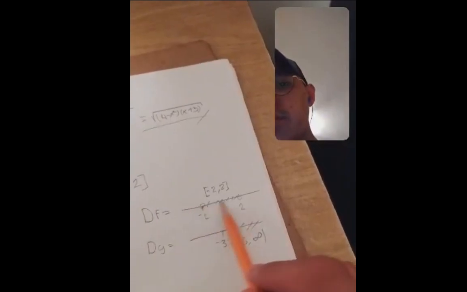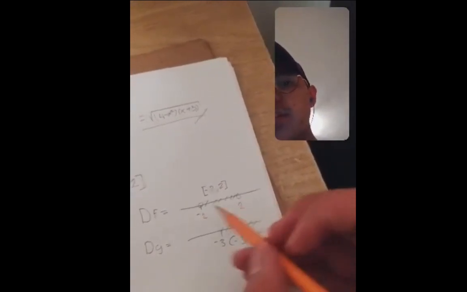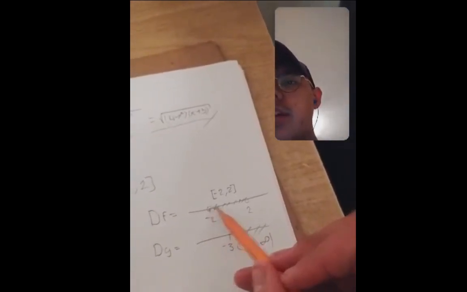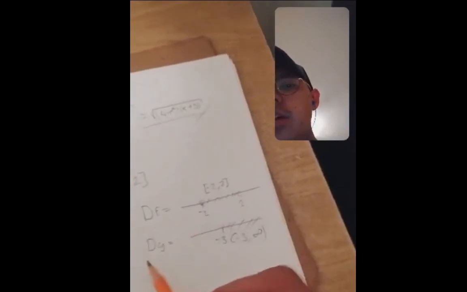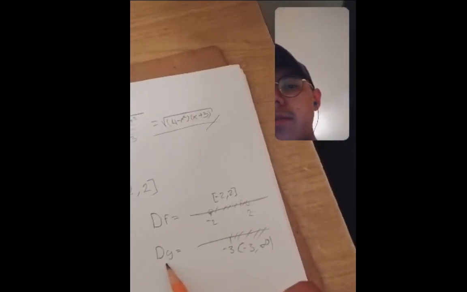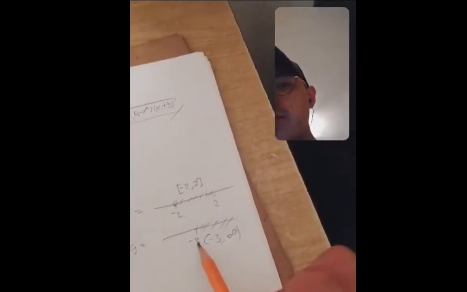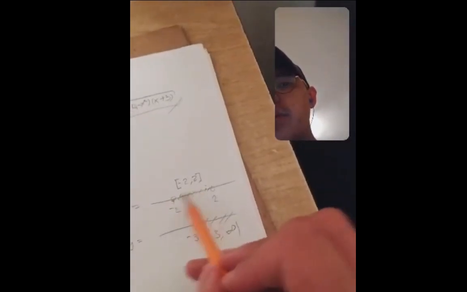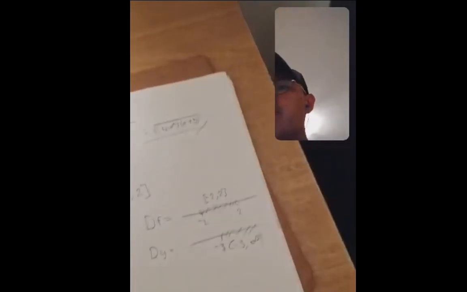Drawing the straight line, we are looking at these numbers. In these numbers, the function f is 0, and for the domain of function g, drawing the straight line, in this number the function is irregular, and in this part the function is regular.